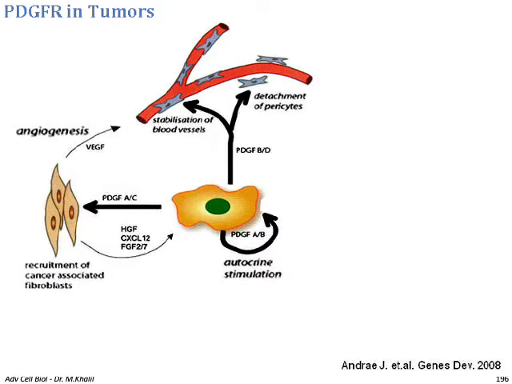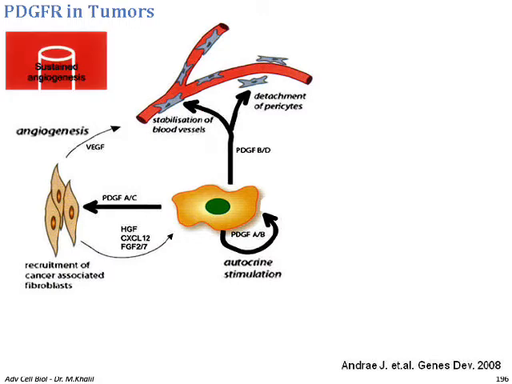Plus the signals coming from the tumor cell, PDGF-B and D, two other isoforms, will stabilize the blood vessels and lead to the detachment of the pericytes. Pericytes are a type of cells that line the blood vessels. By these two processes, the tumor has succeeded in sustaining angiogenesis.